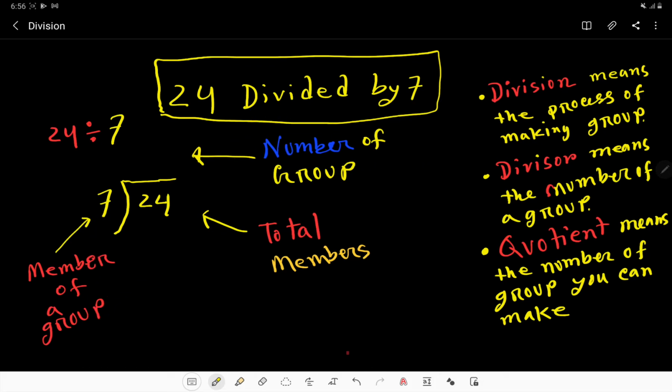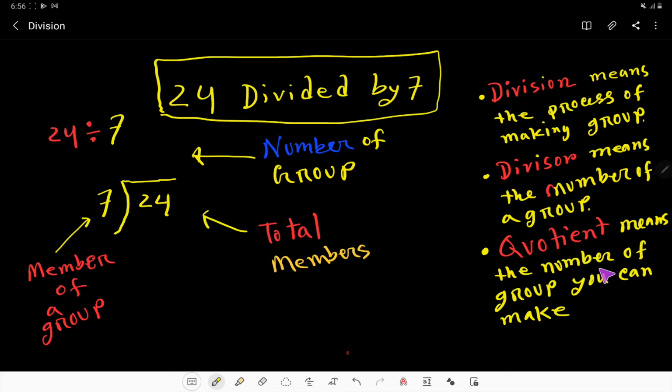Look, what do we mean by this division? Division means the process of making groups. Divisor means the number of members in a group, and quotient means the number of groups. Here the members of a group are 7, so the divisor is 7.